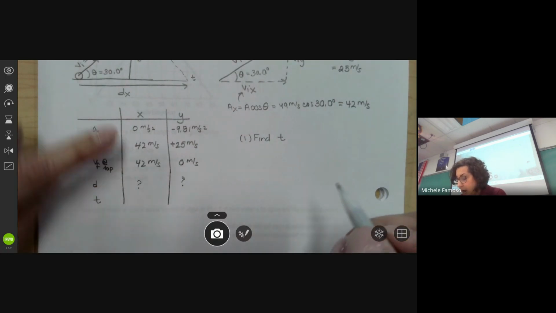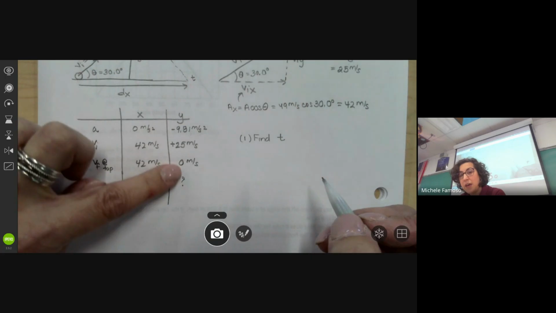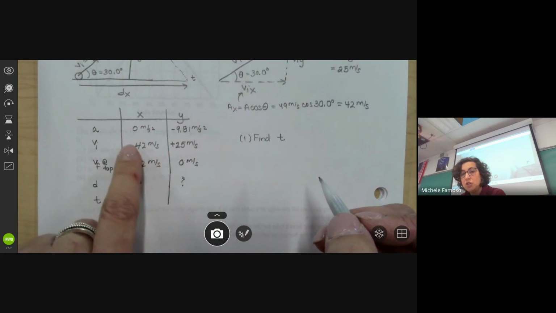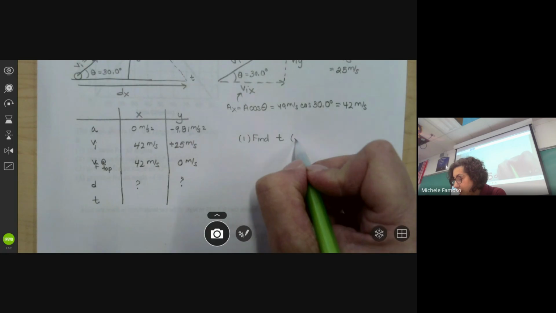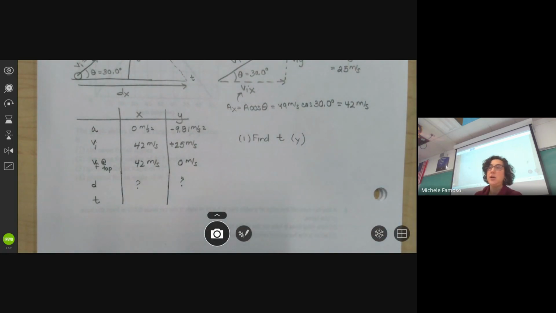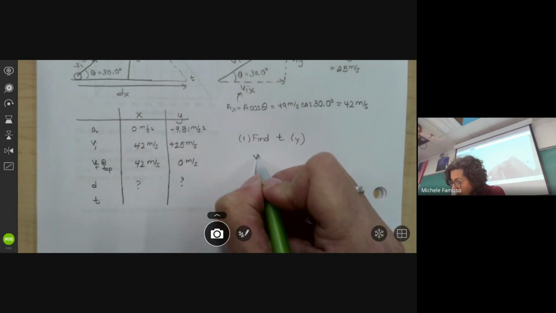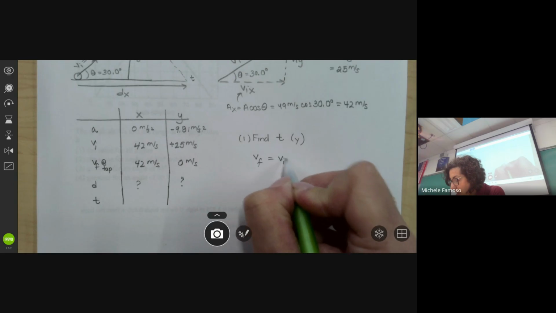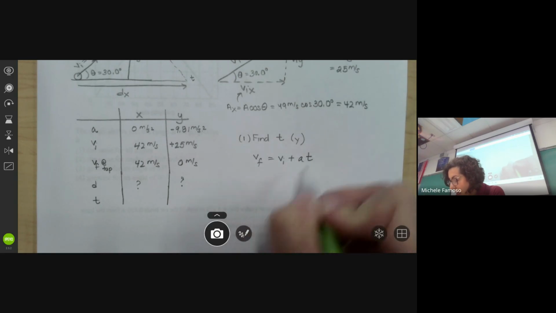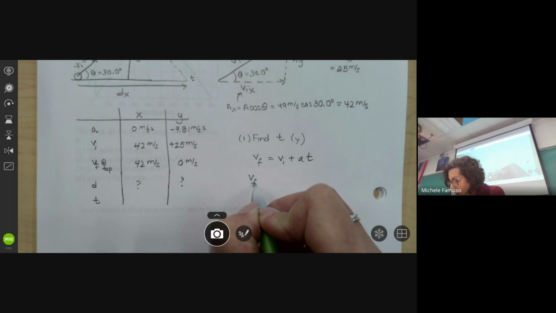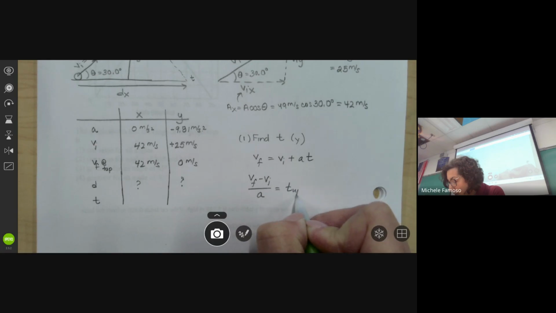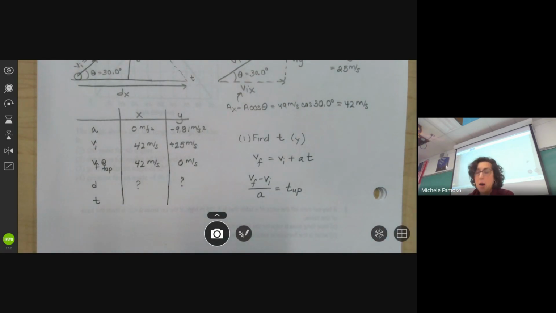So to get the time, notice that the y values for velocity change, the x ones don't. So I should be thinking about the y direction to help me get the time. Using an A, a VI, and a VF, which means I use VF is VI plus AT. So VF minus VI over A is going to help me get my time going up.